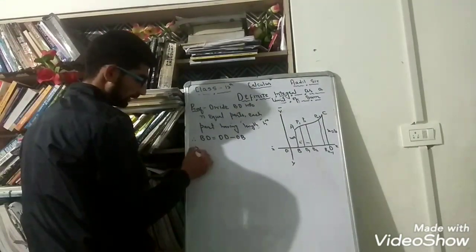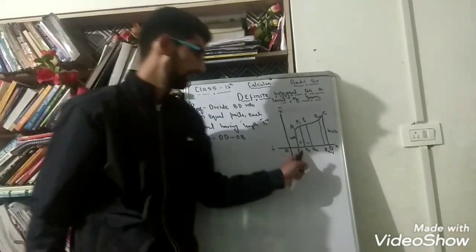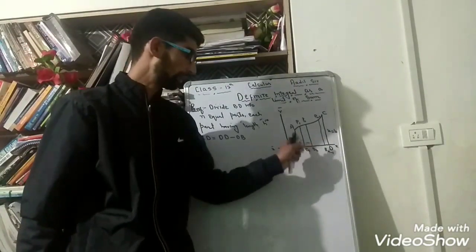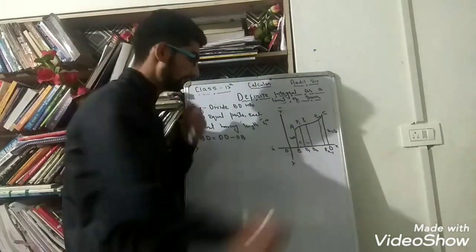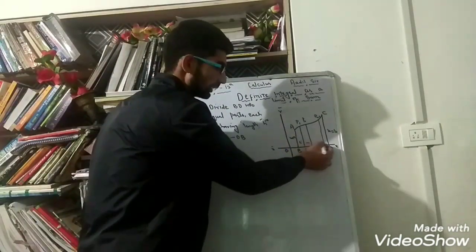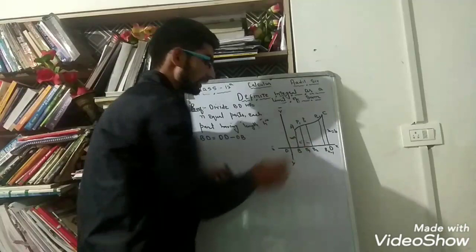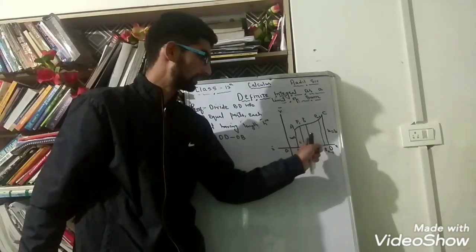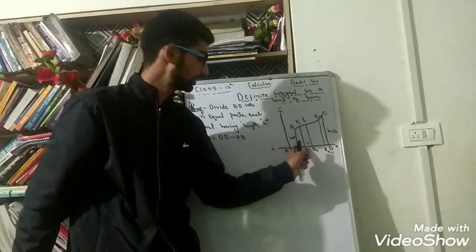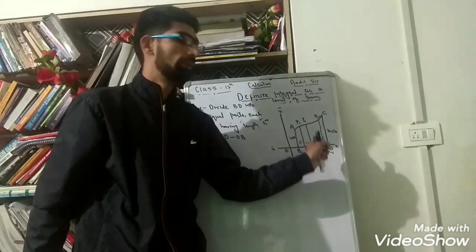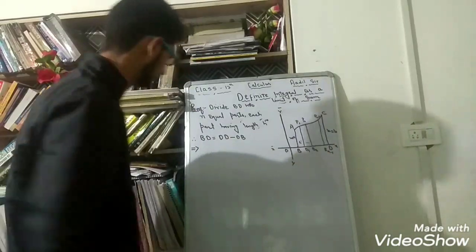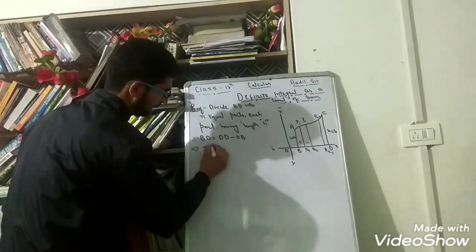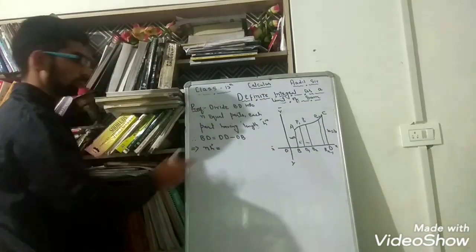Which implies, this distance BD we have divided into n equal parts, and each part we have taken as distance h. So if this is h, this is h, this is h, and so on, then the distance BD is h plus h plus h, plus how many times? n times. So the distance BD will be equal to nh. So nh is equal to OD.